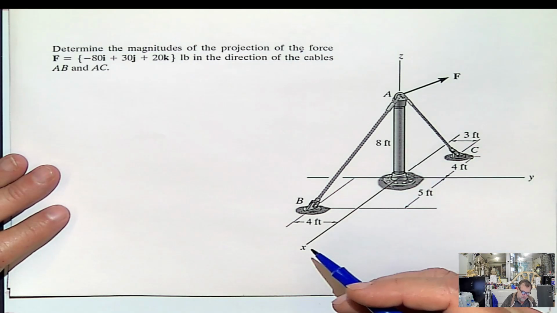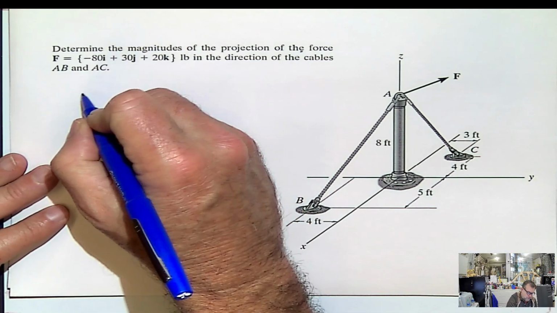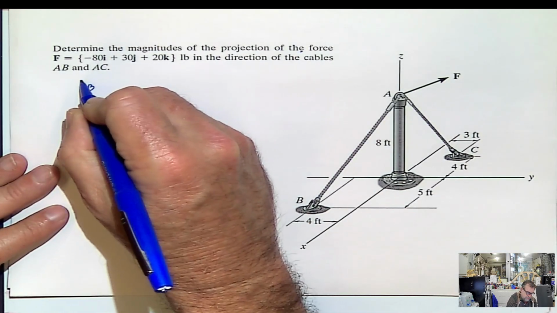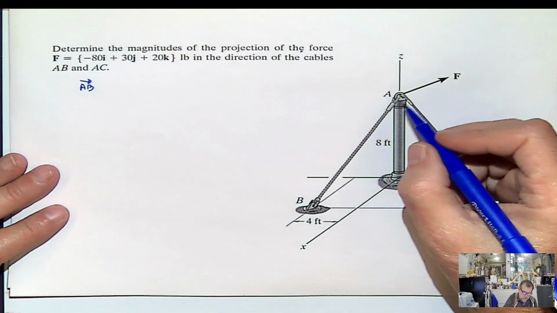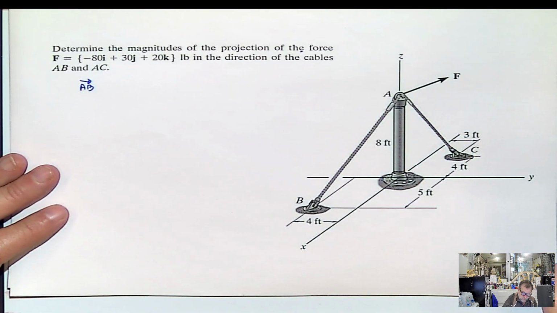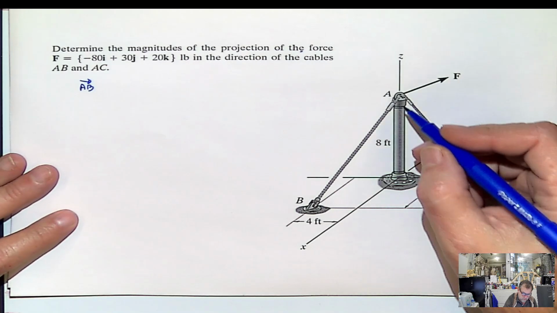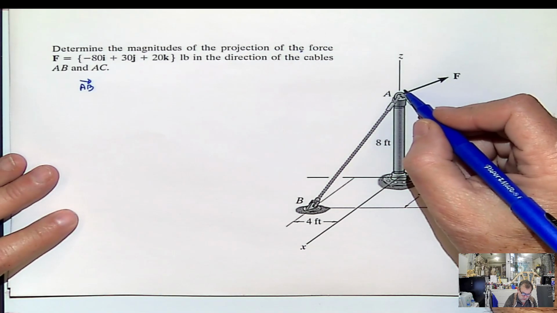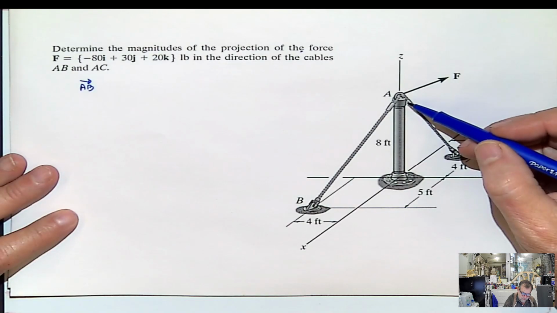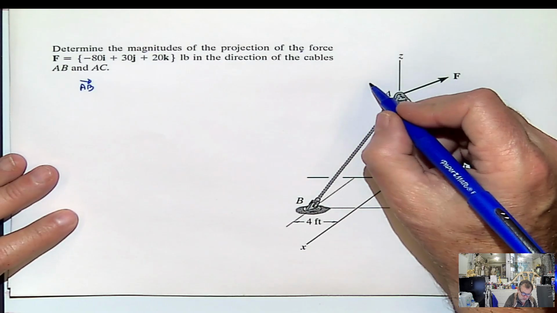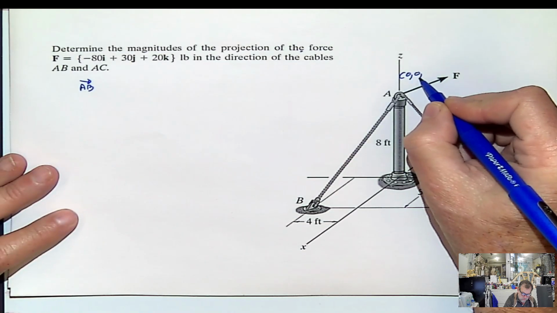How do you find the position vector AB? Either you use coordinates, which is what you are used to doing. For example, what are the coordinates of this point? This is over the z-axis, and this is 8 feet, so it's going to be 0, 0, 8.